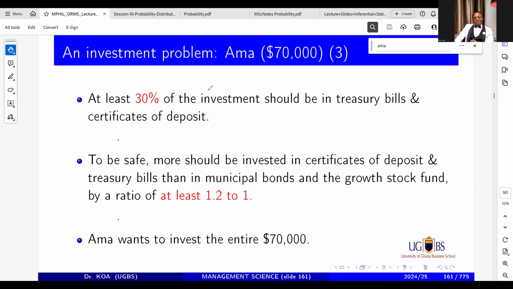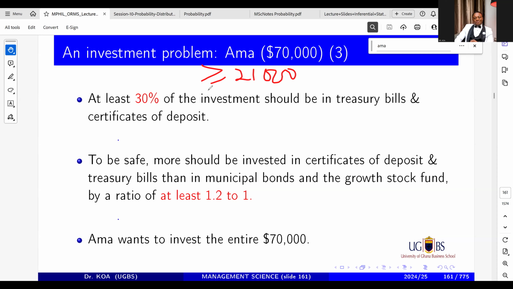So this is how you write it. You have to first calculate 30% of the investment. 30% of the investment is 21,000. Then at least is greater than or equal to. We know that. So it says that at least 30% of the investment should be in treasury bills and certificate of deposit.